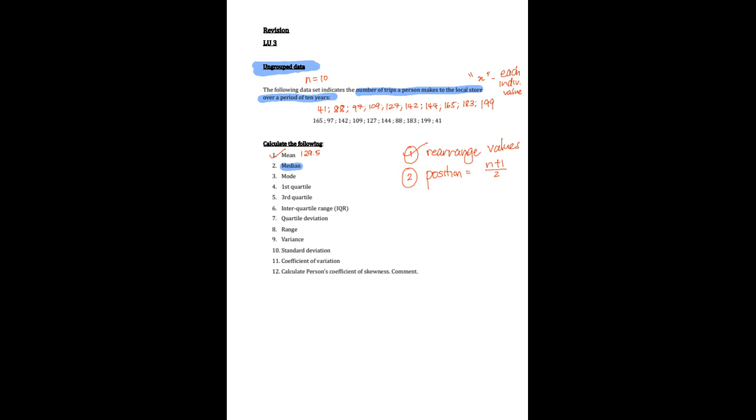So in this case, n is 10. So it would be 10 plus 1 over 2, and that would be 5.5. So this is not the actual value of the median. This is just telling you where the median lies. Please remember that, because a lot of people make a mistake and they calculate this position and they just say that that's the median.